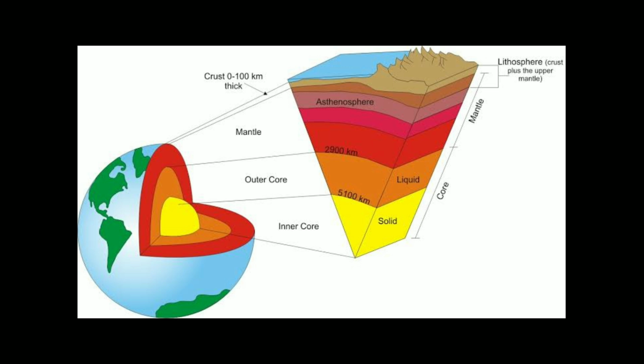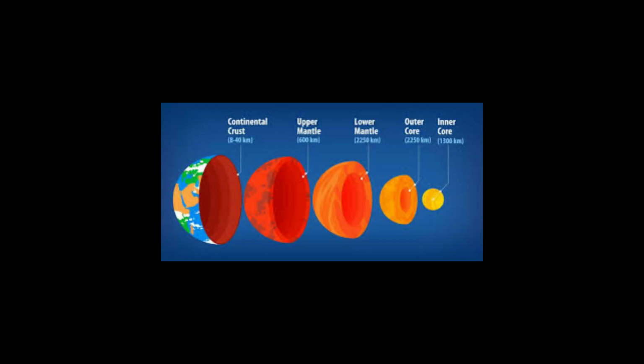Earth's interior is classified into 3 main layers. They are the crust, the mantle and the core. First one is crust. Crust is the uppermost layer of the earth, rich in silica, aluminium and magnesium. The depth of this layer is around 60 kilometers from the surface. The upper part of crust has only lighter materials, that is Cl.